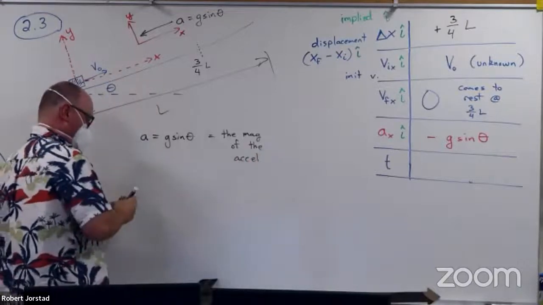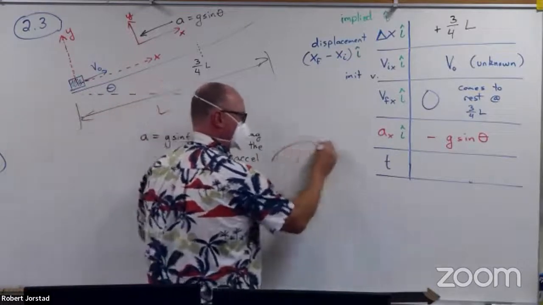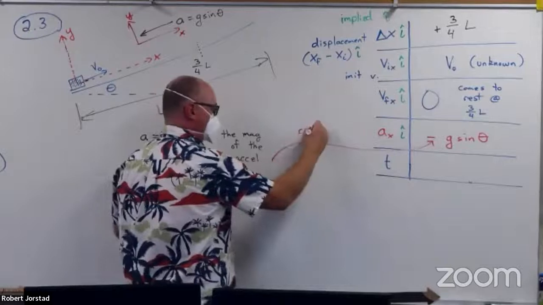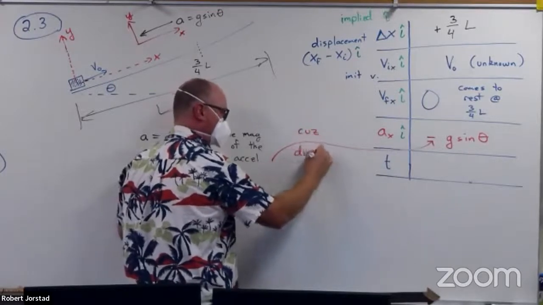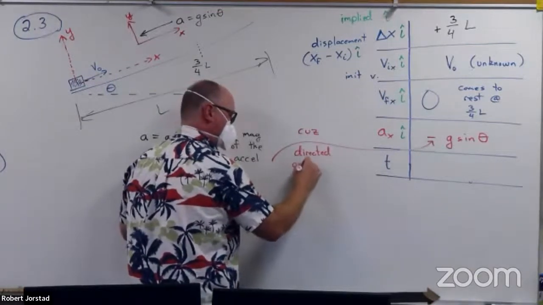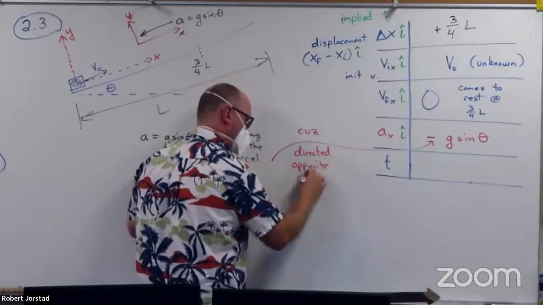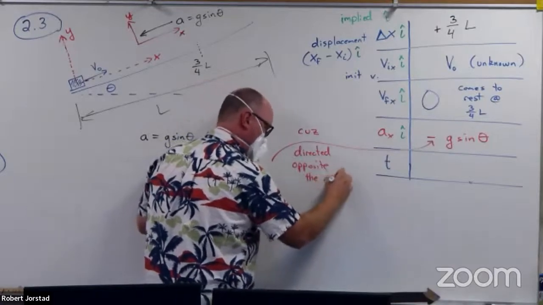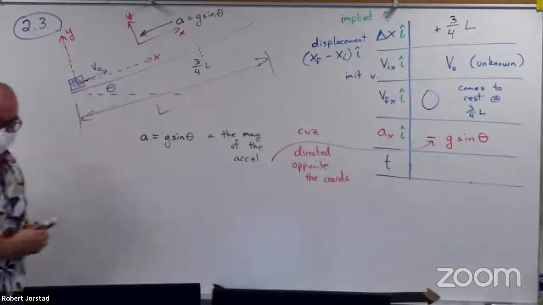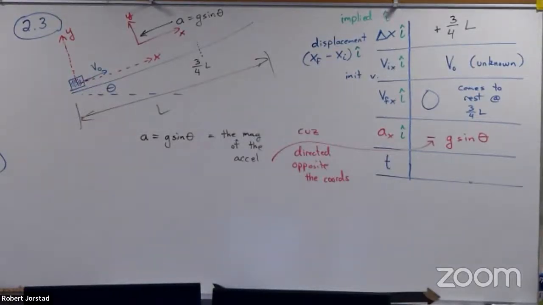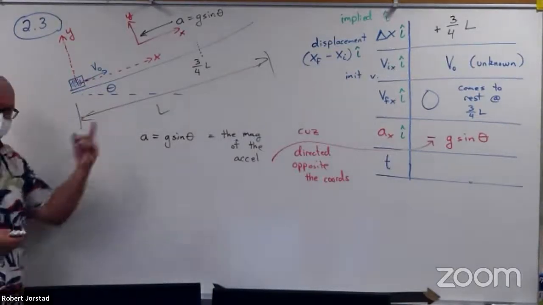And then here, because our acceleration arrow in our picture is directed opposite the direction of our coordinate system, that's where that minus sign is.